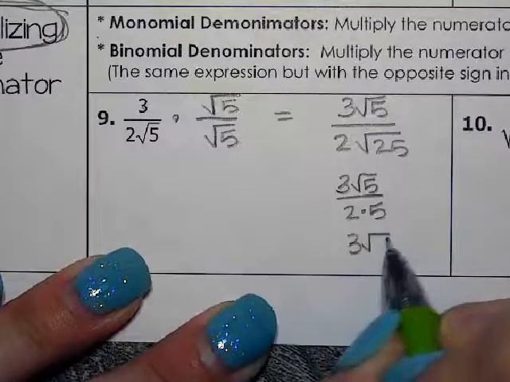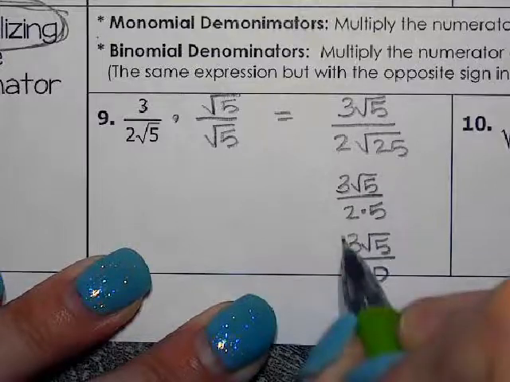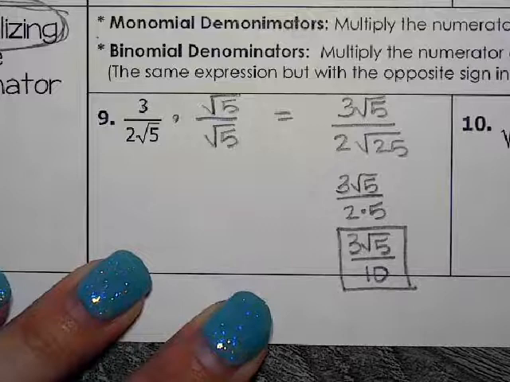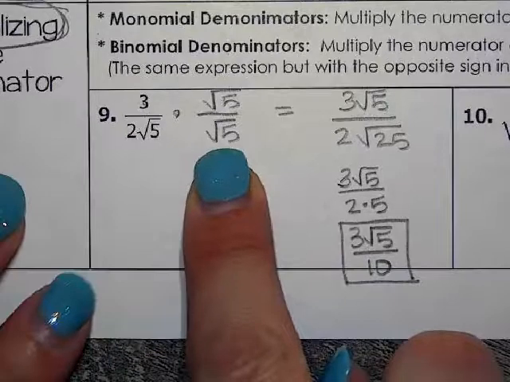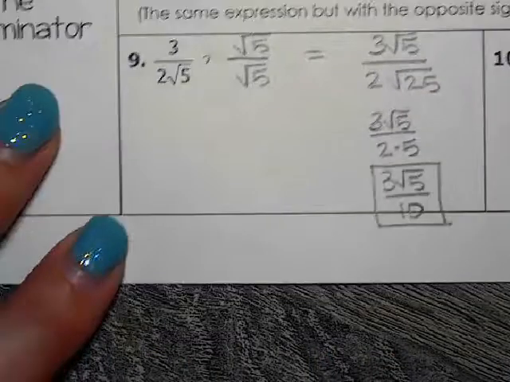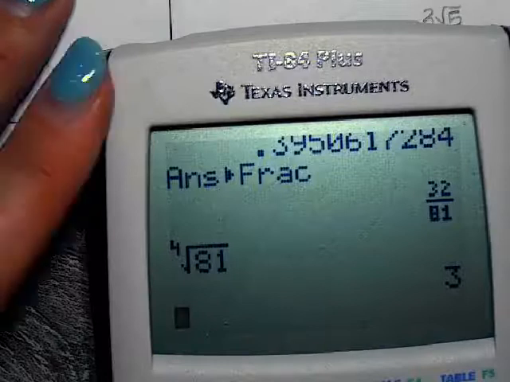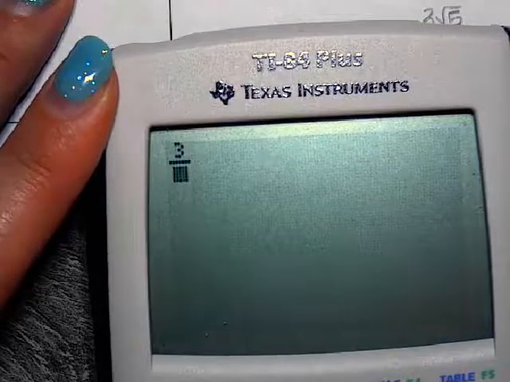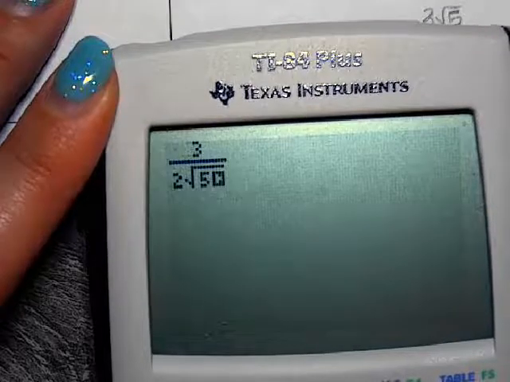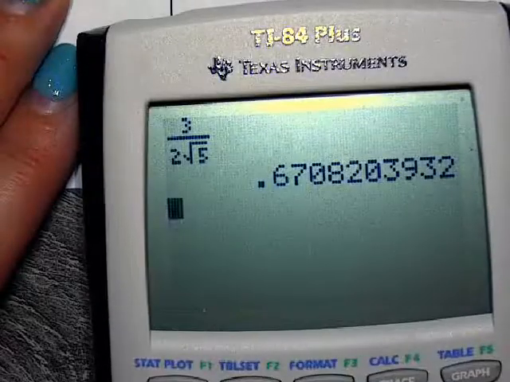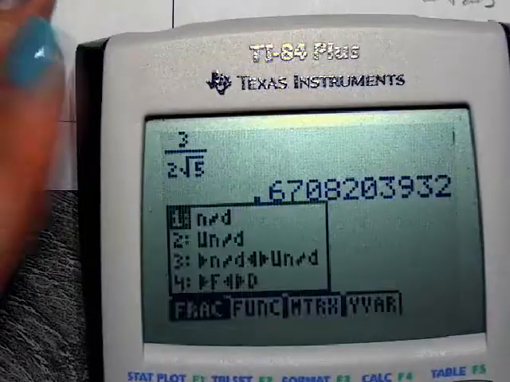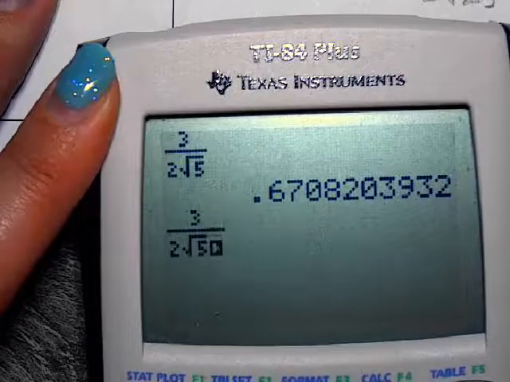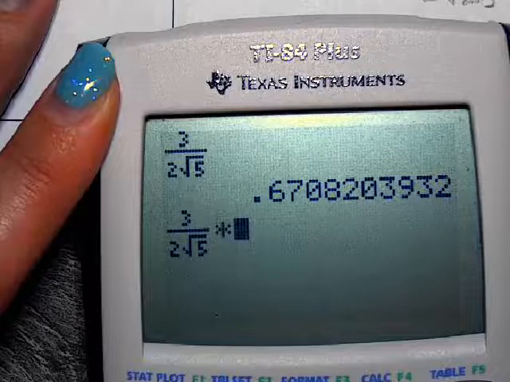Okay? So what we did is we multiplied it by 1, and I'll show you on my calculator. So I've got 3 over 2 square root 5. You notice it equals that decimal. And then I have 3 over 2 square root 5 times square root 5 over square root 5.